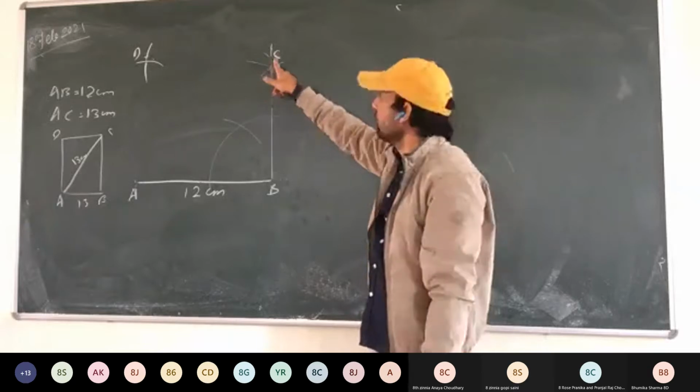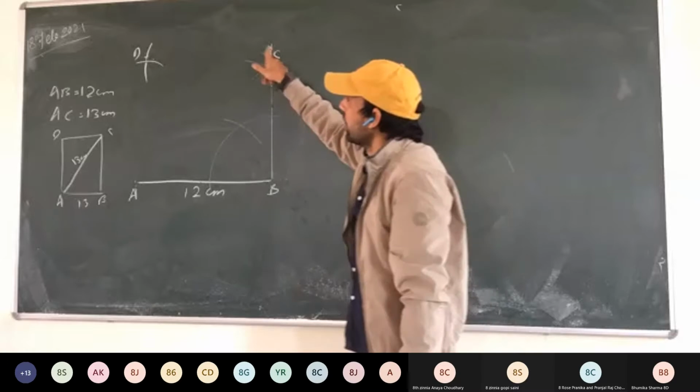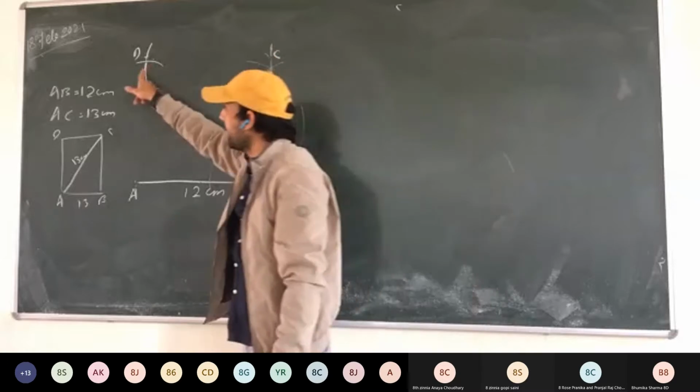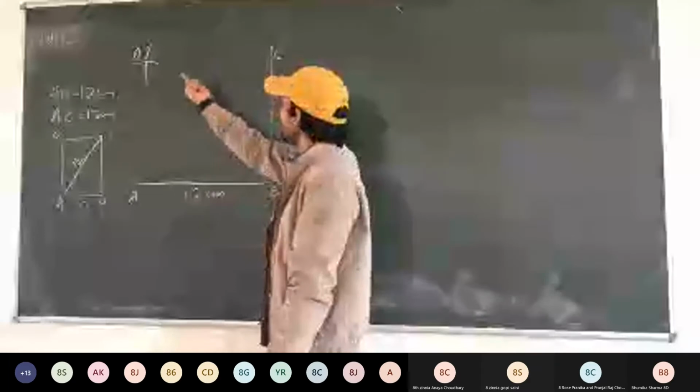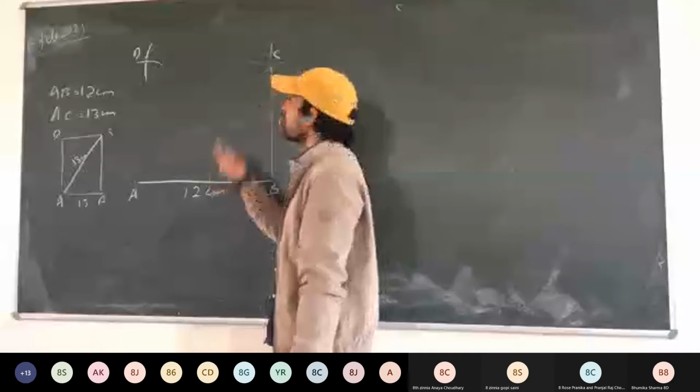Now for D, D is how far from C? 12 centimeters. Opposite sides are equal in a rectangle. So from C, with 12 centimeters in your compass, draw one arc. So D will be lying somewhere on this arc.